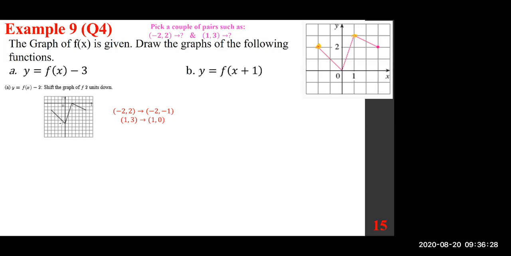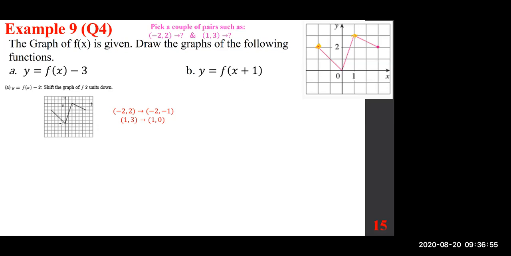What happens to part B? f of x plus 1. That means we are shifting the graph 1 unit to the left. That's the meaning of it. So let's see what happens in that case. If you're shifting the graph to the left, you're not changing the y coordinate. So if you look at those two pairs, the y coordinates stay intact. The x coordinates subtract 1.